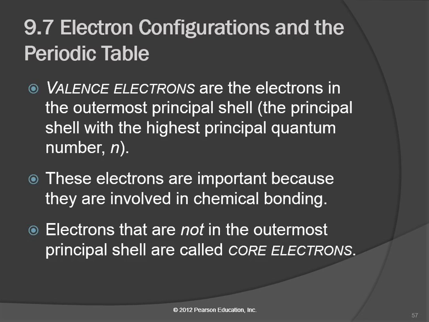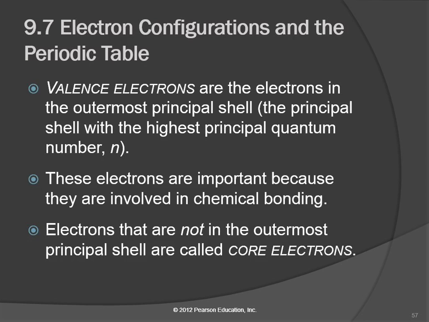And the reason we care about this is that those valence electrons are the ones that are involved in chemical bonding. And the reason we're talking about this at all is so that we can understand how atoms interact with each other to form chemical bonds. It's the electrons that are farthest from the nucleus. Those are the ones on the outside of the atom, right? So you have 2 atoms getting together.